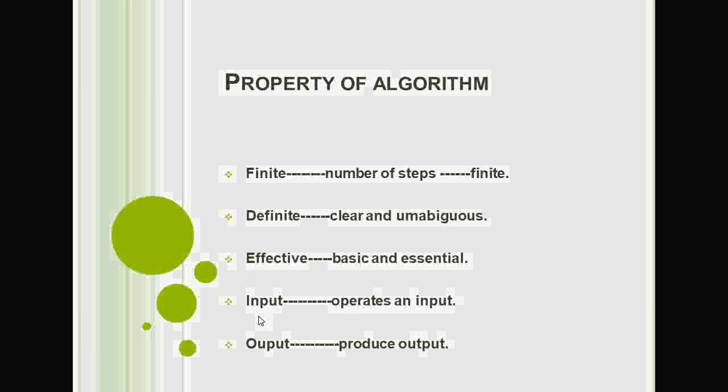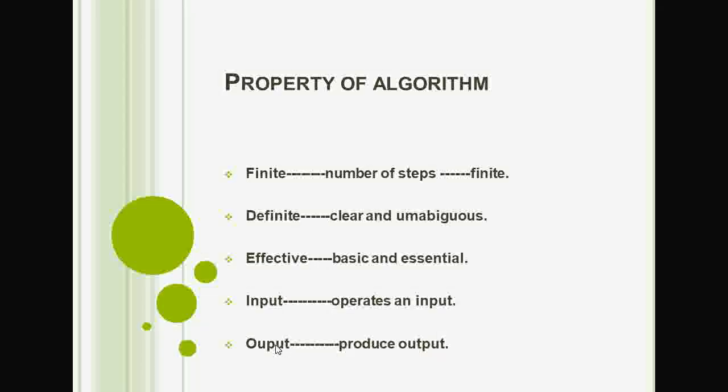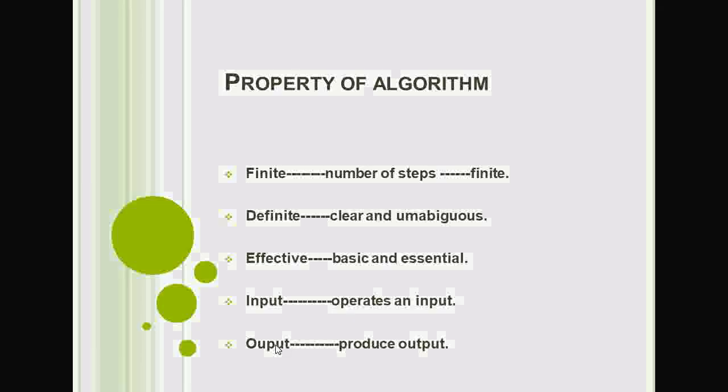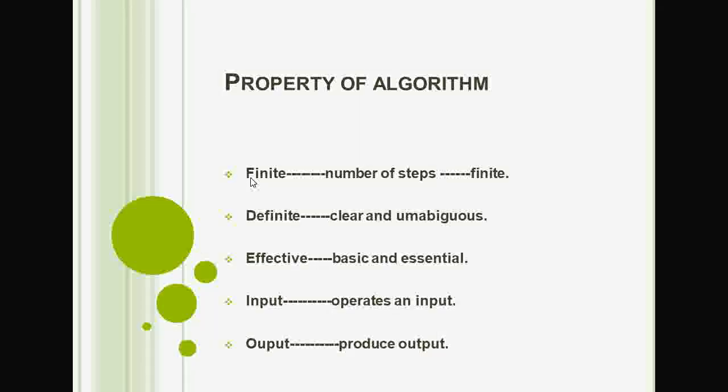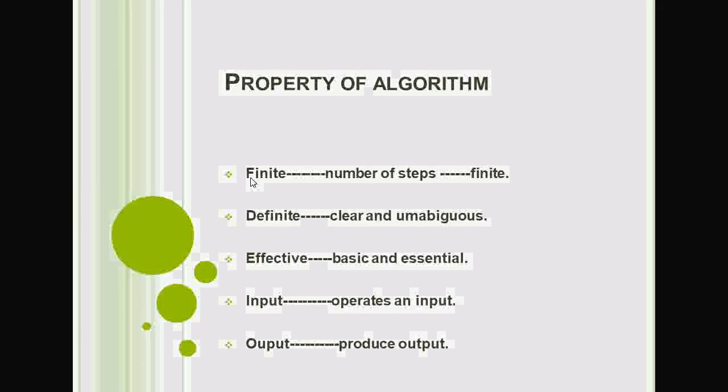And then input. An algorithm operates on input, so you should say what input it is going to use. Then the algorithm carries out the steps to find the output, so definitely it produces the output. So what are the properties of an algorithm? Finite, definite, effective, input and output. Finite says the number of lines should be countable.